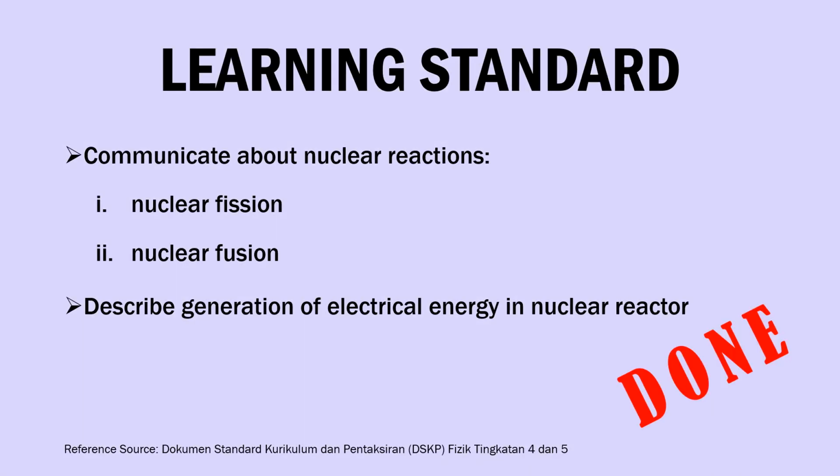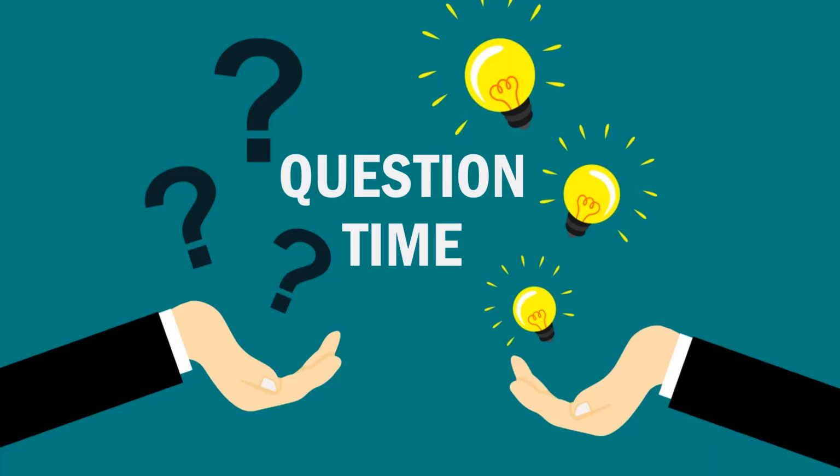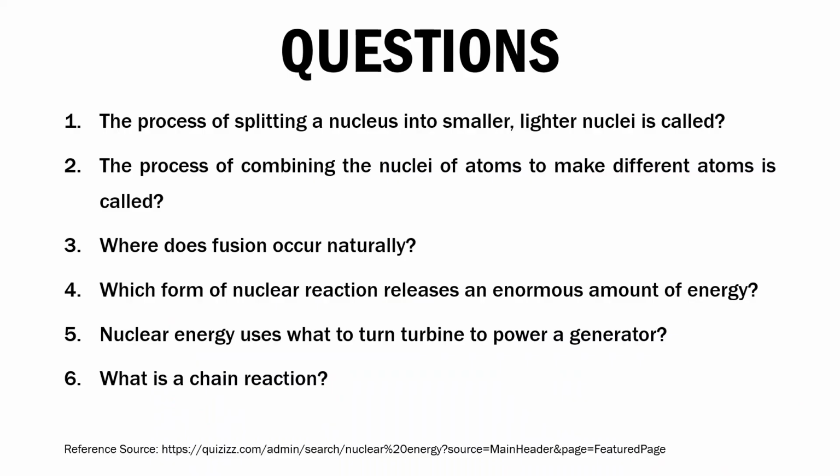Please don't leave first. As usual, we must have some questions to test your understanding. Please take out a piece of paper and answer the following questions. There are 6 questions for you. Question 1. The process of splitting a nucleus into smaller and lighter nuclei is called. Question 2. The process of combining the nuclei of atoms to make different atoms is called.